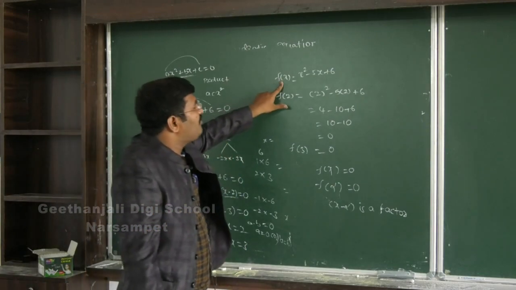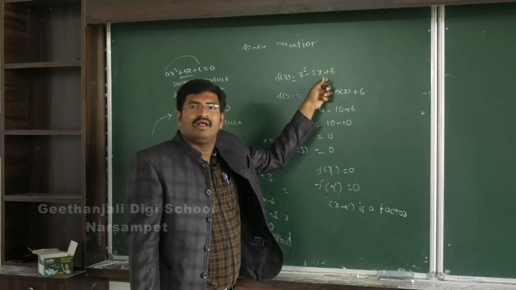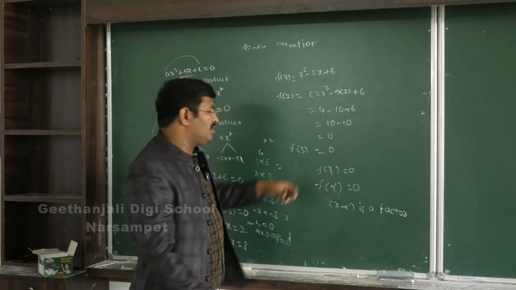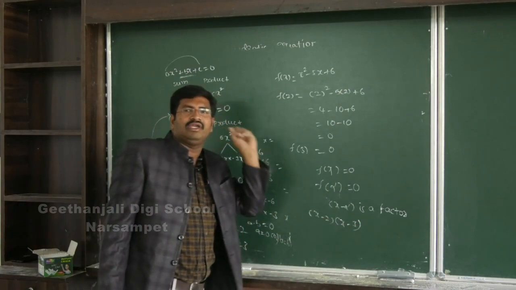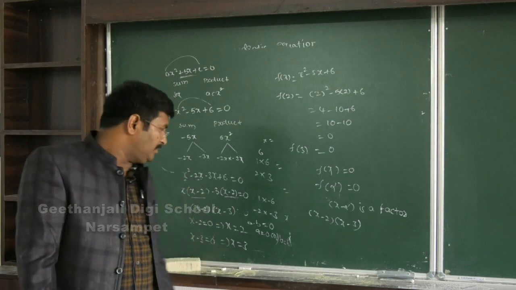By this also you can say: f of 2 you are substituting, you are getting 0, f of 3 you are getting 0, then x minus 2 and x minus 3 are factors of the quadratic equation.